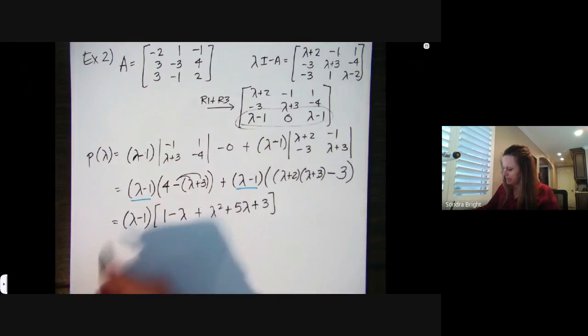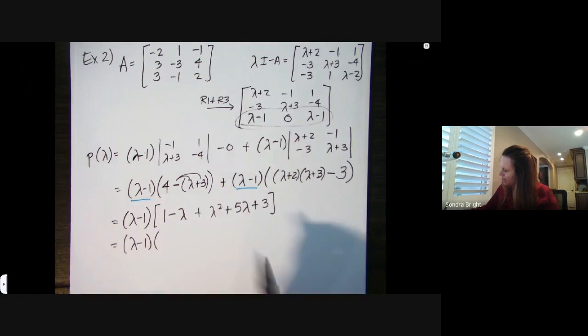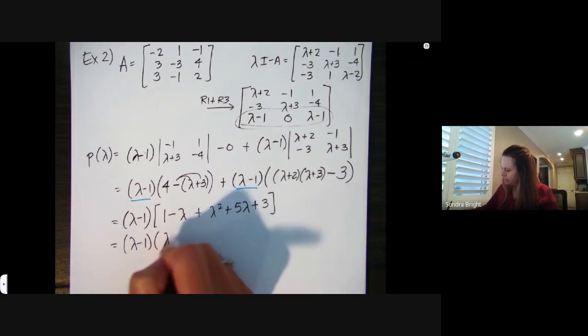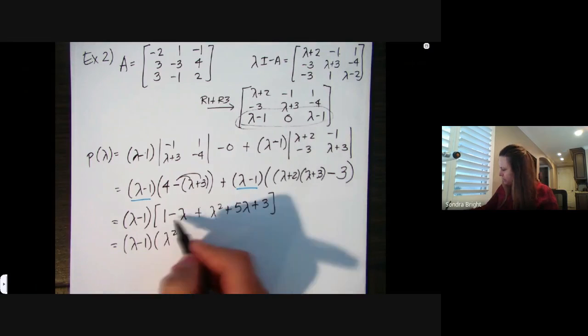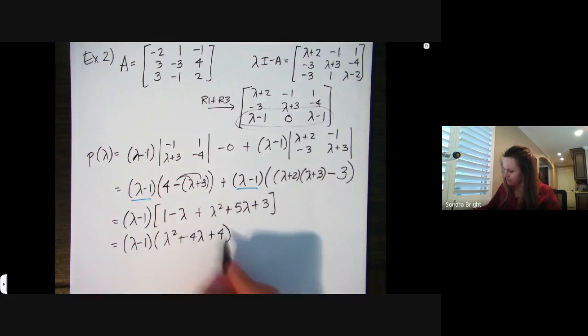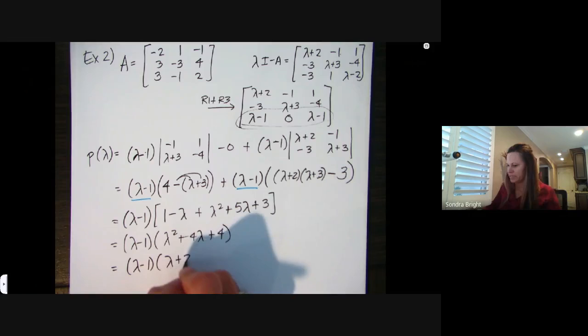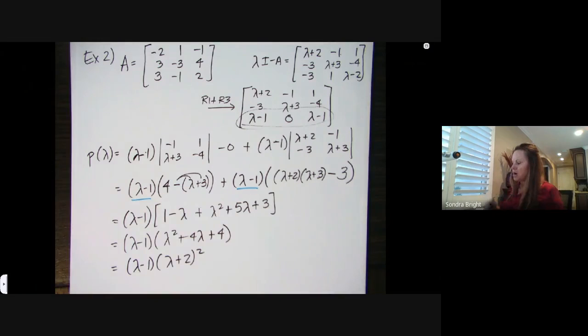All right, here we go. Lambda minus 1 times lambda squared plus 4 lambda plus 4. Well, that's a perfect square. That's lambda plus 2 quantity squared. All right, so now we've got our eigenvalues.